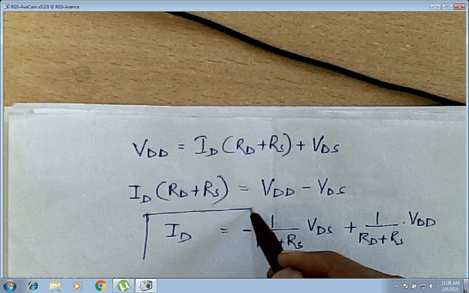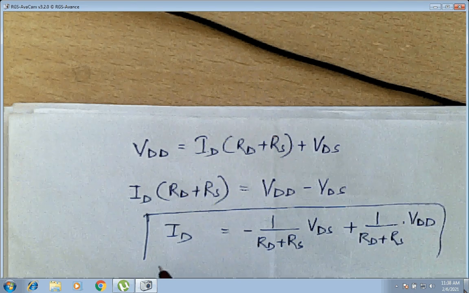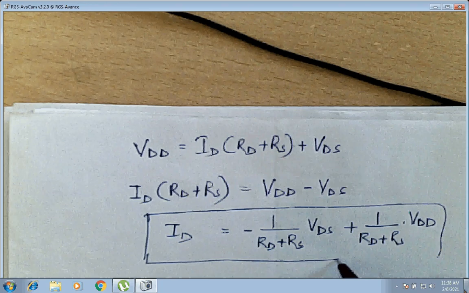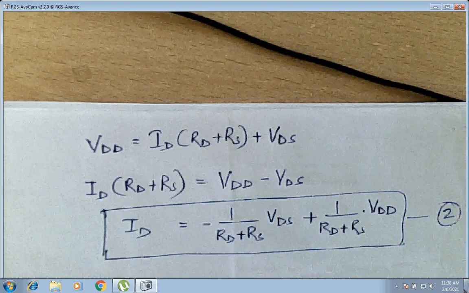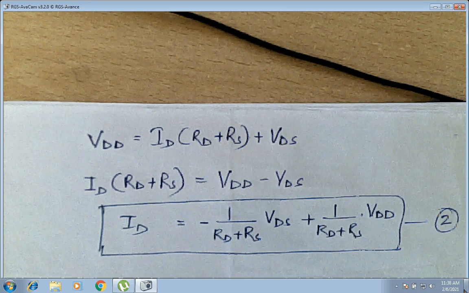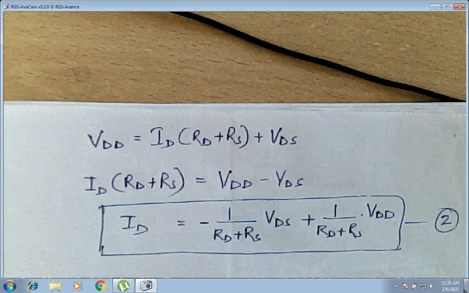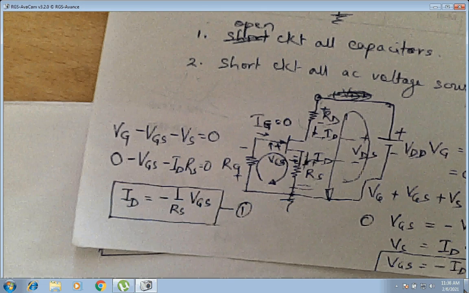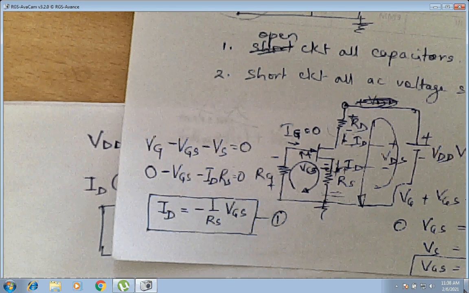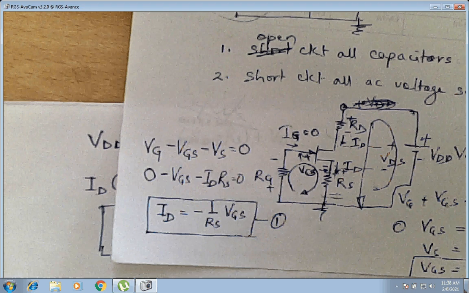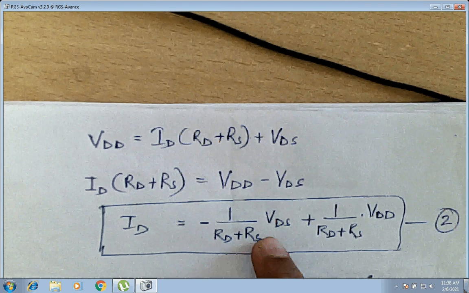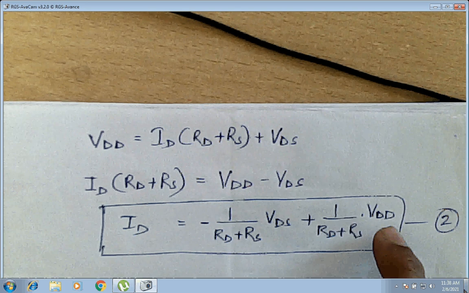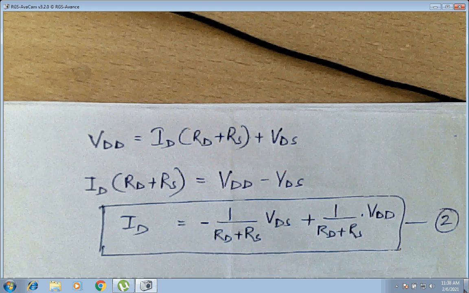We had also got the first equation, which says ID is equal to minus 1 upon RS into VGS, and the second equation is ID is equal to minus 1 upon RD plus RS into VDS plus 1 upon RD plus RS into VDD. So these are the two equations.